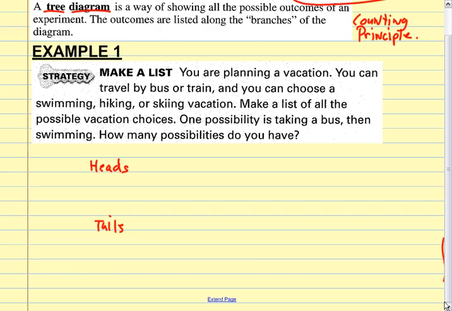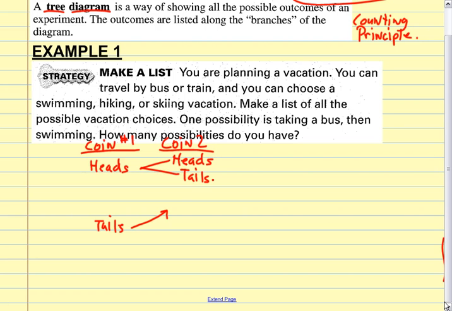Well, think about this, Hayes. This is coin 1, right? And it can land on heads or tails. Now we got coin 2, right? If the first one is heads, the second one can be heads, and the second one could be tails, right? Tell me about this one.